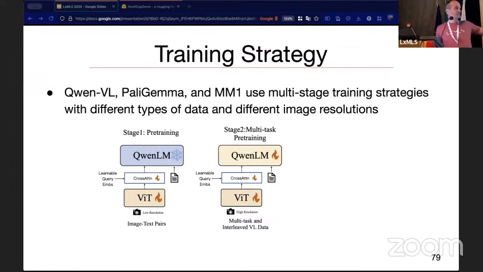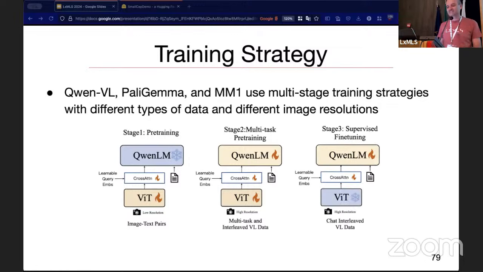And this is where the image data gets really large scale. You may be working at maybe 700 pixels, where if you split that into 14 by 14 patches, now you have a huge number of inputs that you're going to process. And then there could also be a supervised fine-tuning stage at the end where now you freeze the visual encoder and you only update the representations in the language model and the learnable bridge.